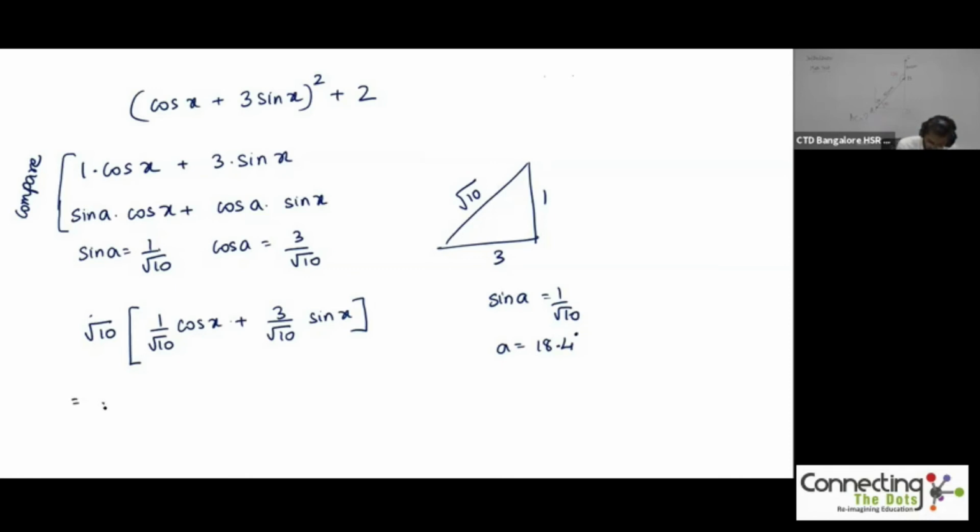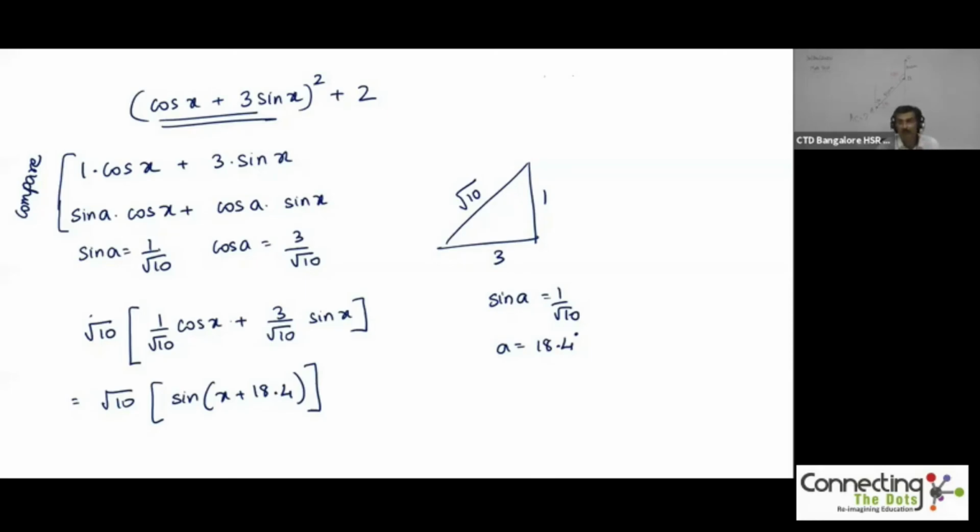So this is root 10 into what would this become? This would become sine x plus. So now what we have worked with is only this portion, right? So we need to add the rest of it back in, which I will do on the next page.